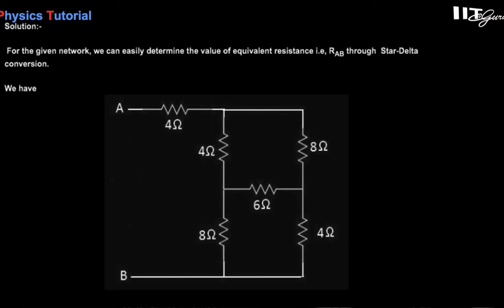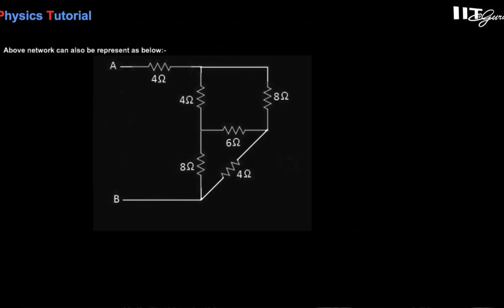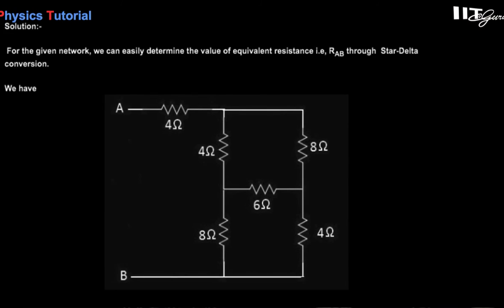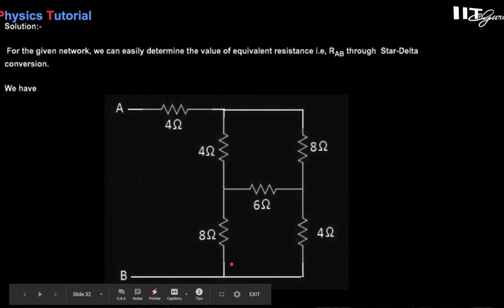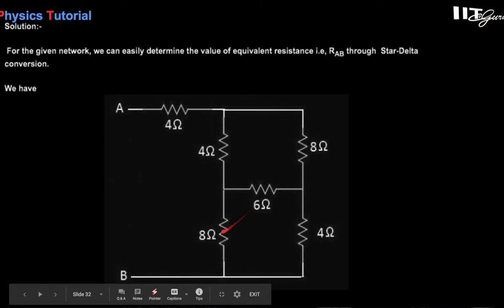For the given network, we can easily apply a star delta conversion. Let's see how to convert. Let these points be A, B, C. As we have already shown, the delta network can appear in this manner also, like triangles, or in this way. Due to these three arms, it seems like a delta.